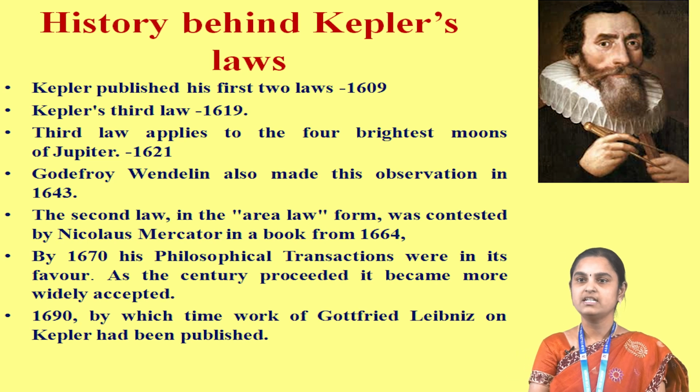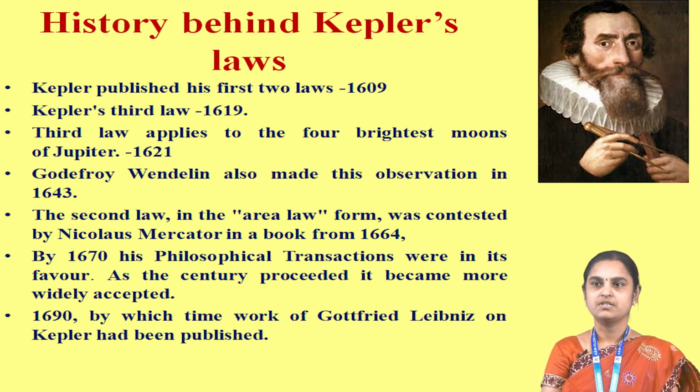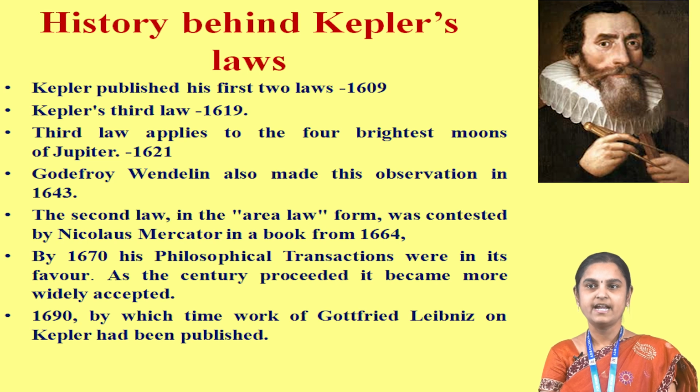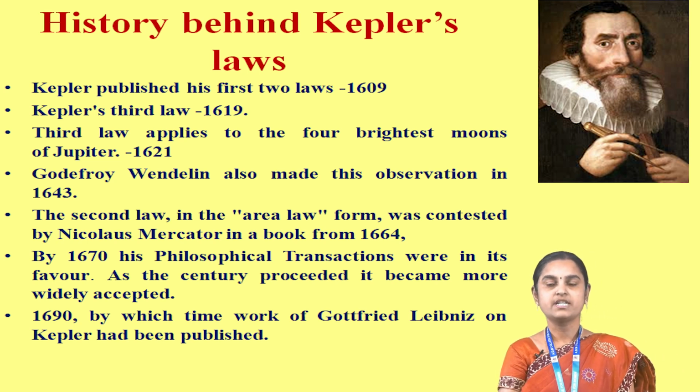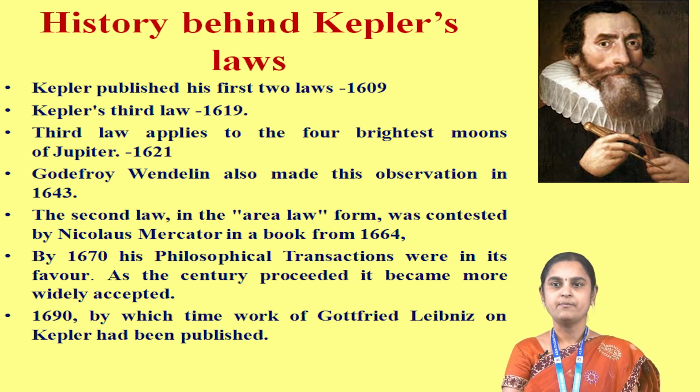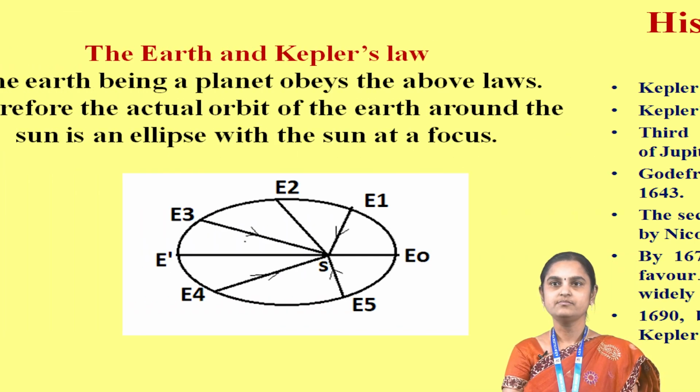As the century proceeded, it became more widely accepted. The reception in Germany changed noticeably between 1688, the year in which Newton's Principia was published, and 1690, by which time the work of Gottfried on Kepler had been published. So these are the interesting facts behind Kepler's laws.